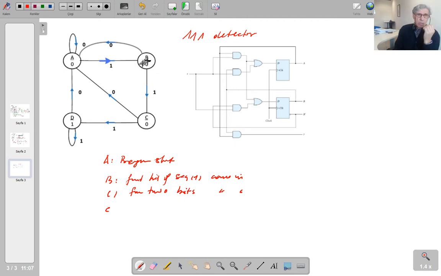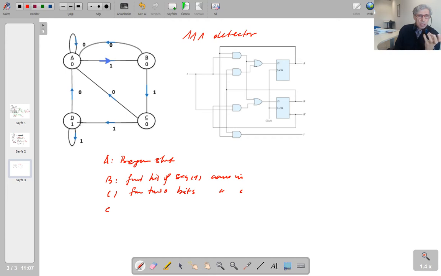So first bit came in, so when it is 1 you came here. This is second. First bit came in, B. So that second bit came in, C. Third one came in, D state.